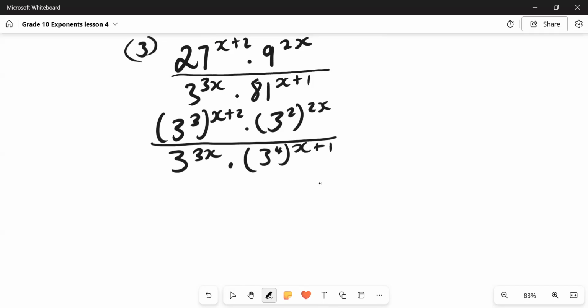And then from here, you apply law number 3. Get rid of the bracket by distributing the exponents. Let's do that now. So you have your 3 times x, that's 3x. 3 times 2, that's plus 6.